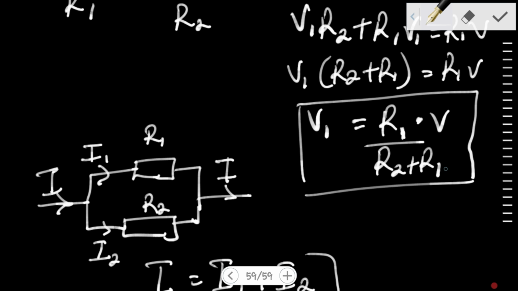So this is the basic theory of how we can get the effective resistance, how we can get the current through one of the resistors, and the PD across one of the resistors.